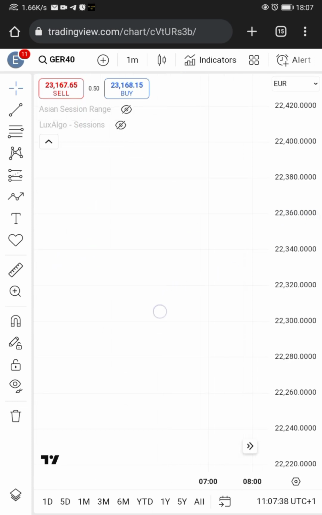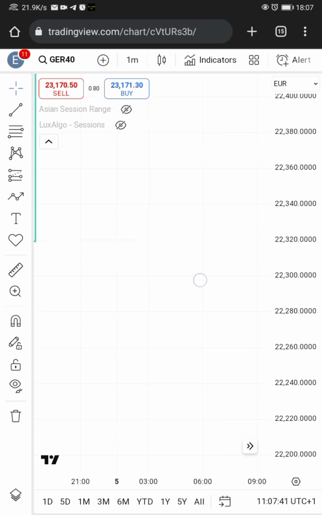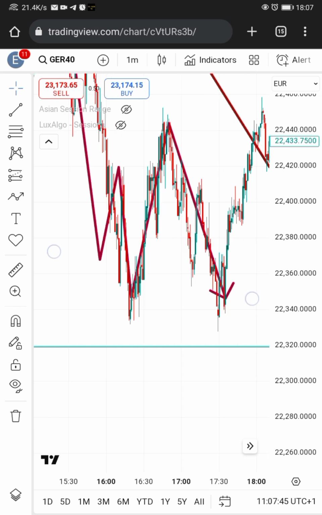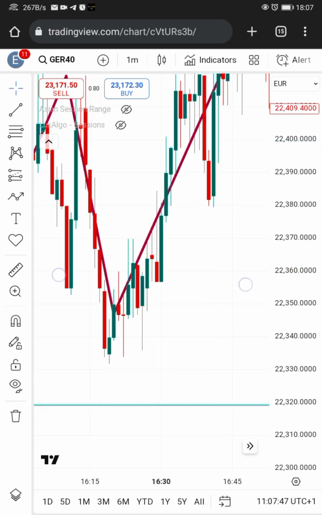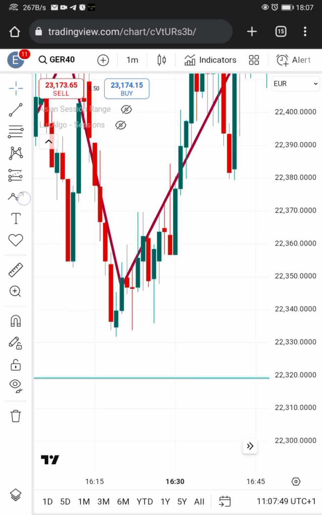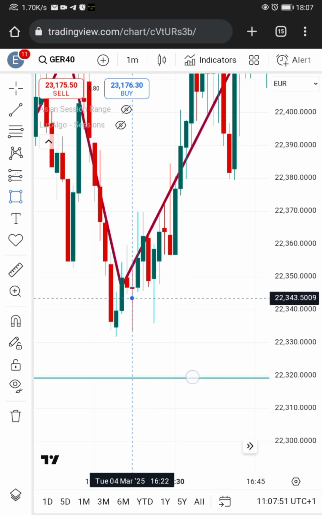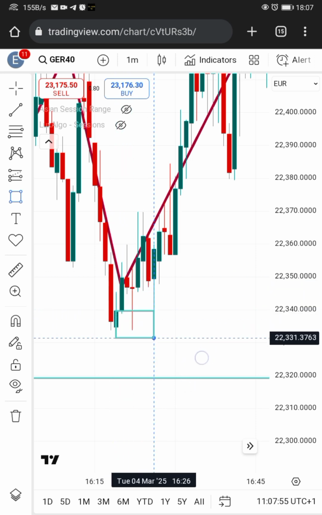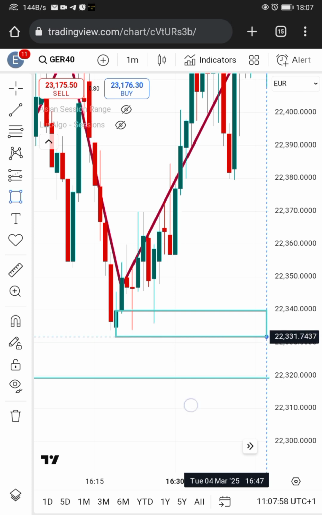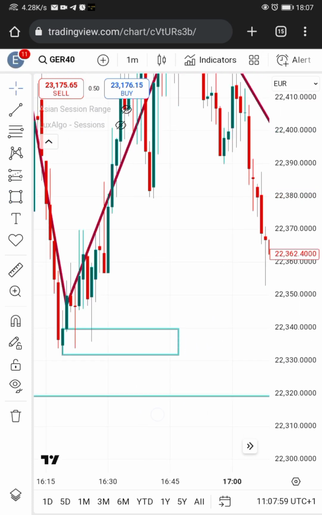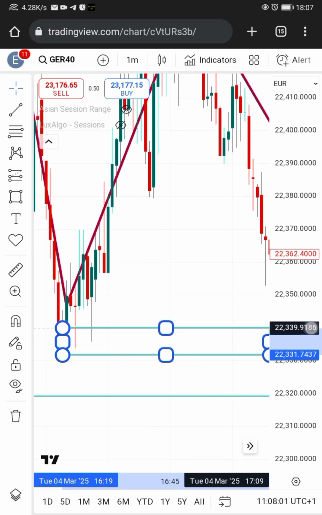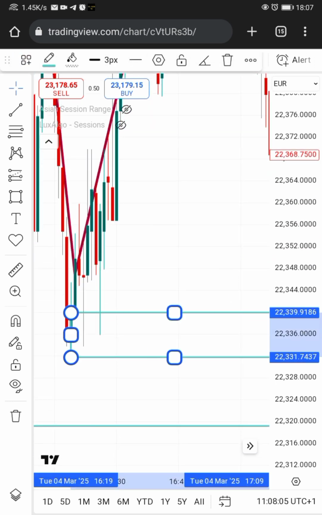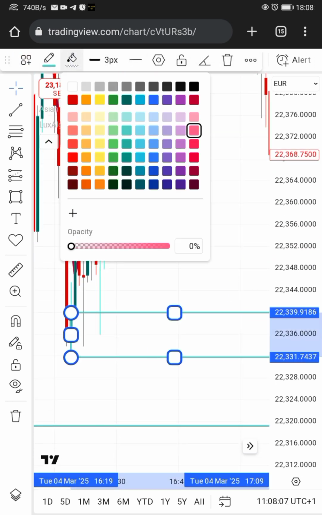On my 1 minute, this is where I placed my trade, right here. My stop loss was very tight. This is how I placed the trade yesterday.